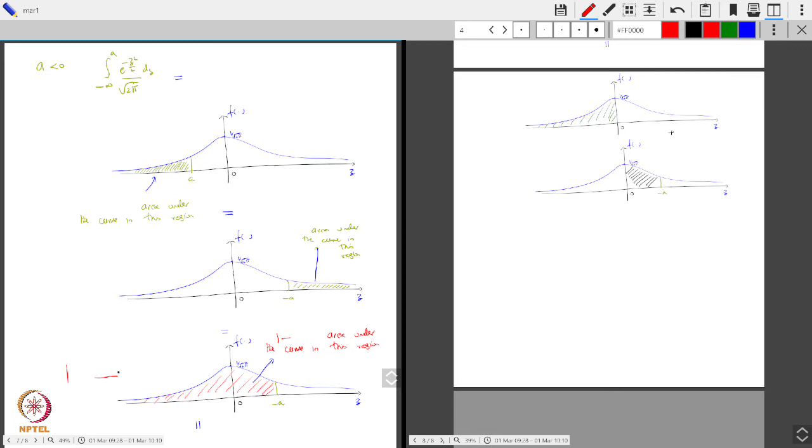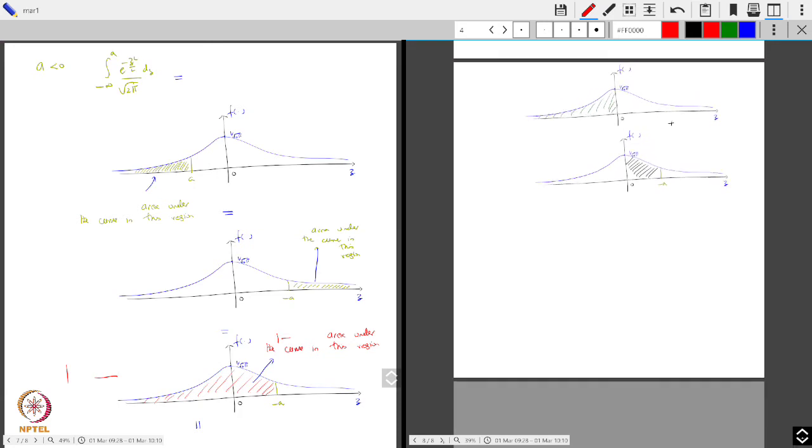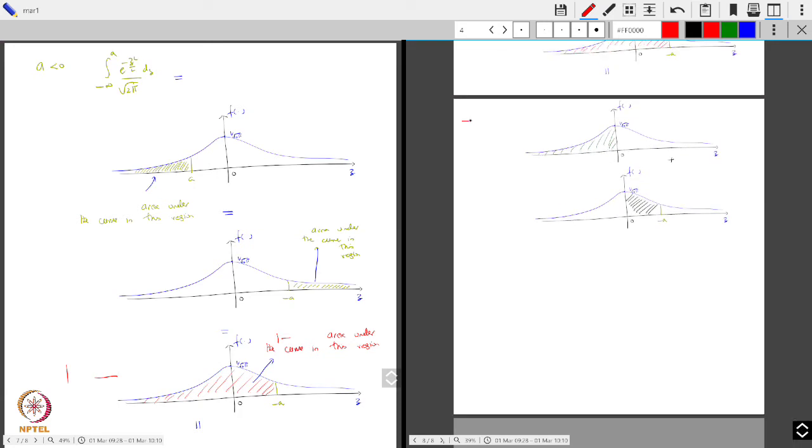But this particular area here is going to be equal to 1 minus this picture right here.